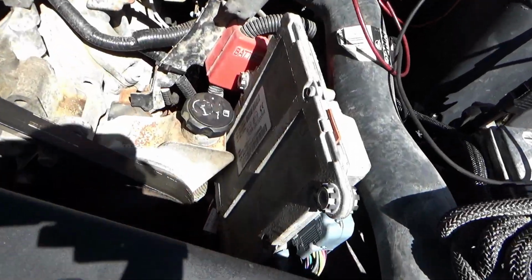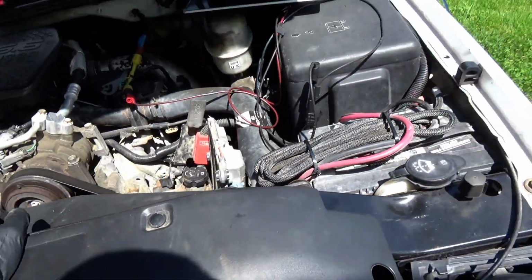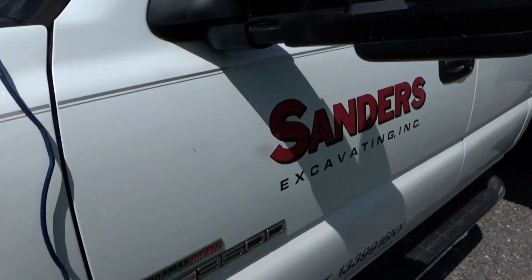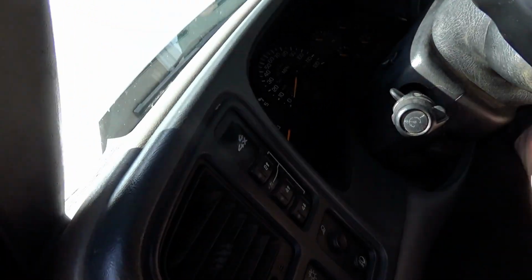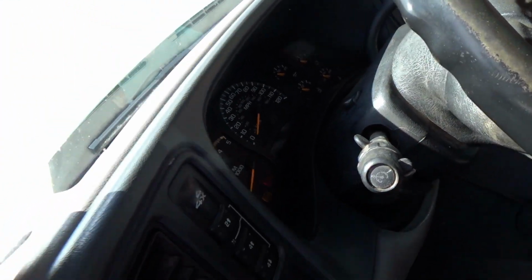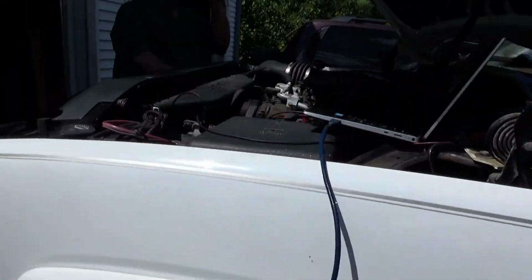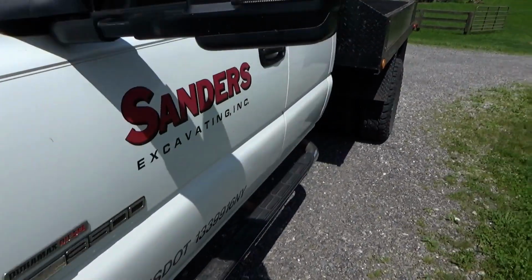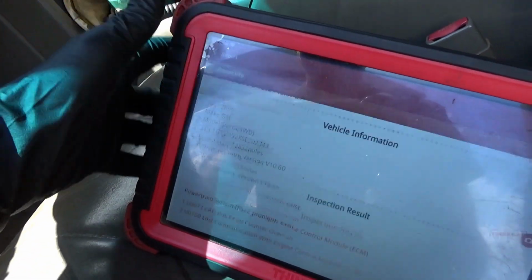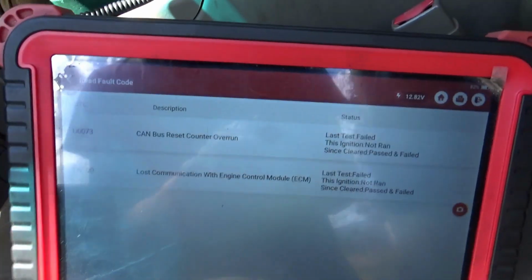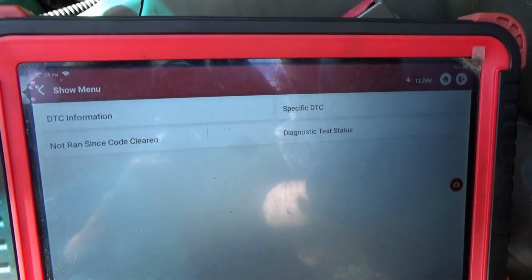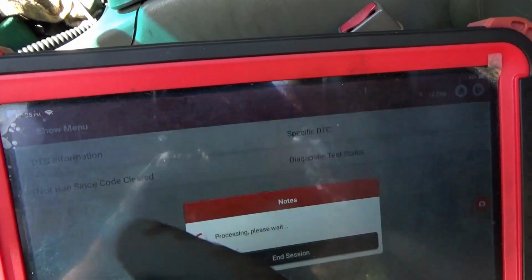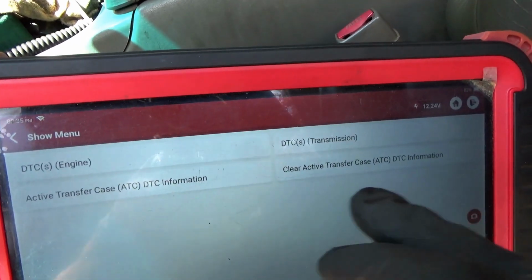So we got the original transmission control module plugged back in. Let's turn the key on, look at the waveforms, make sure we can clear the codes out. We still have a beautiful CAN, excellent. And let's just log in to clear codes.